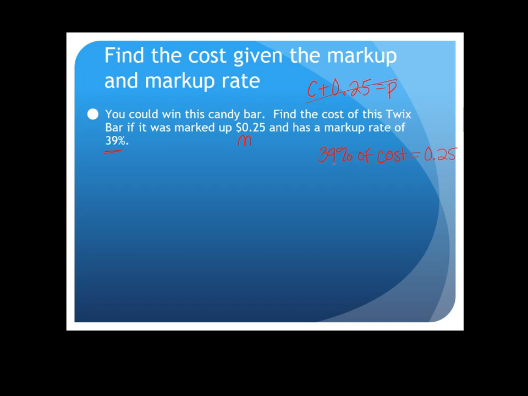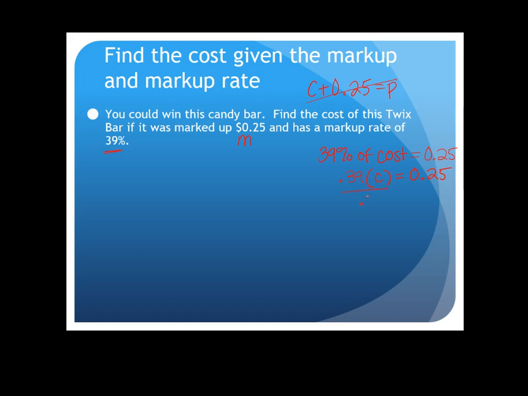When I want 39% of a number, that means I need to convert this to a decimal, so 0.39 of. Does "of" tell us to multiply or divide? When you're doing percent of a number, you'll multiply. So I'm going to multiply by the cost, and that's going to give me 25 cents. Now I can just solve for the cost.